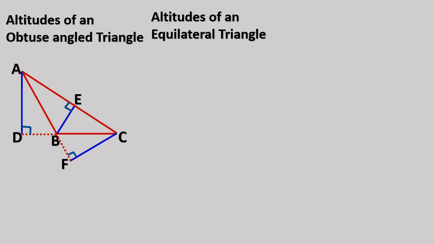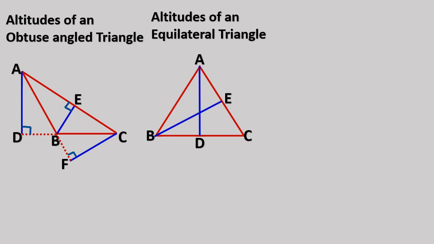So altitudes of an equilateral triangle, let us see now. Equilateral triangle, let us draw the altitudes. AD, BE, CF, altitudes. But you observe it. What can you see?